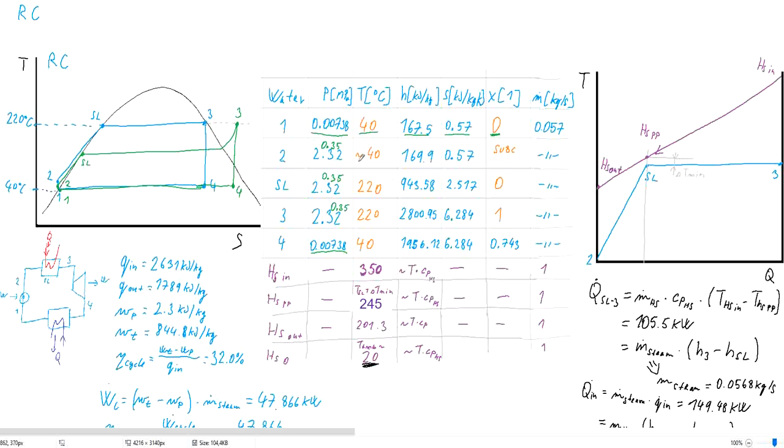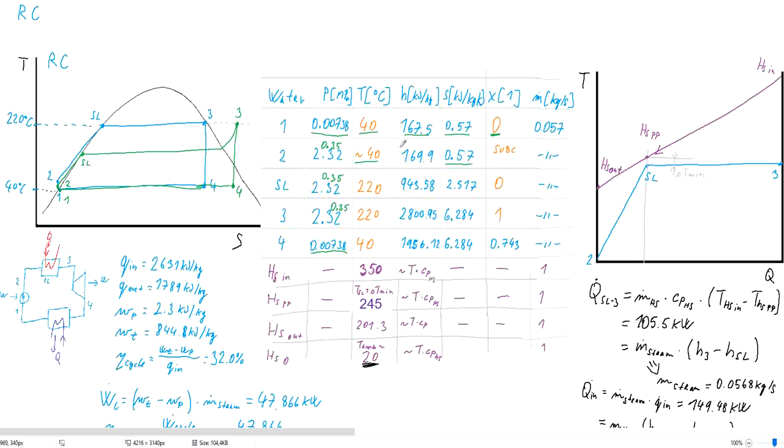At the point 2, the pressure difference is even smaller, so the temperature will be even closer to the 40 degrees C. And the enthalpy, you can get either from the isentropic change, where you have the pressure and entropy in some property functions, or you could get it from the saturated vapor enthalpy and the enthalpy specified for a given vapor quality, and from the linear dependency of the enthalpy with the quality in the wet steam.